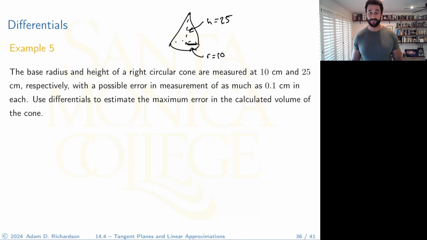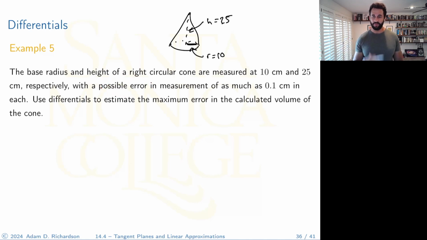Now here's where things get interesting. Anybody that's going to go into industry, you've got to think about this stuff. So we measured the cone and we produced these measurements, 10 centimeters and 25 centimeters. But anytime you try to measure something in real life, there's an error involved.